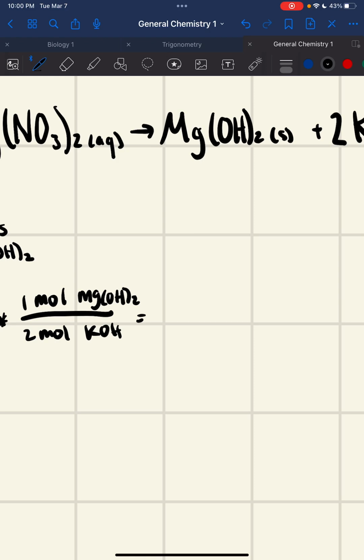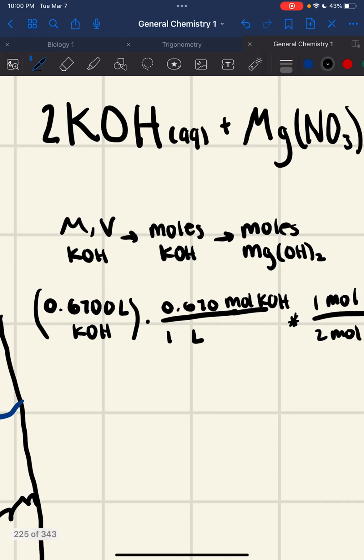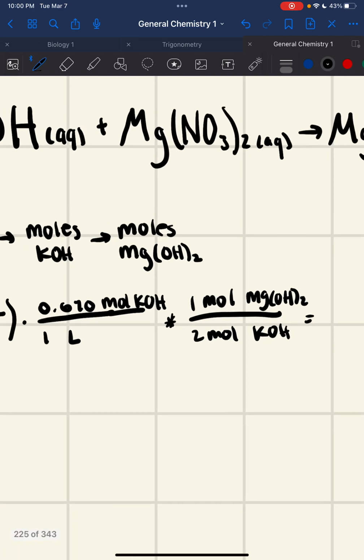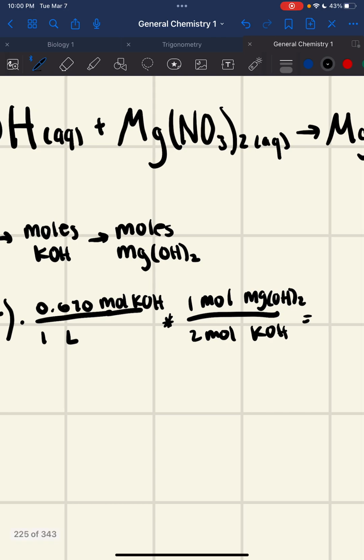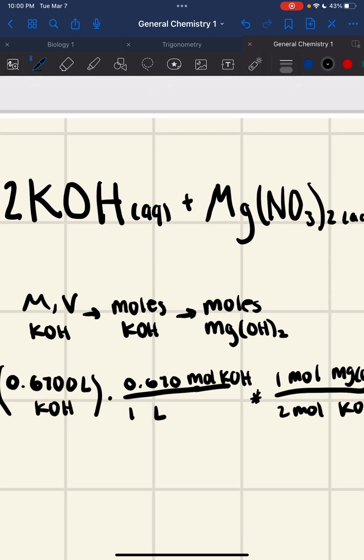let's add that up. So we have our 0.670 times our 0.670, which is going to give us our first mole amount. I'll go ahead and write that above here: 0.4489.